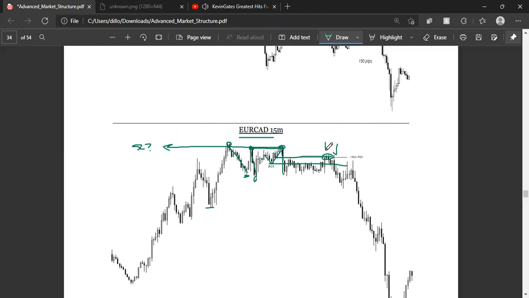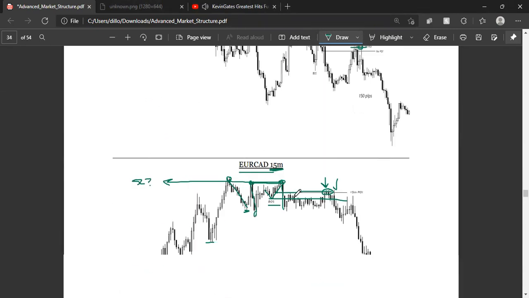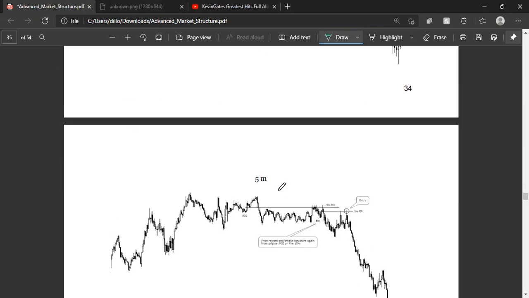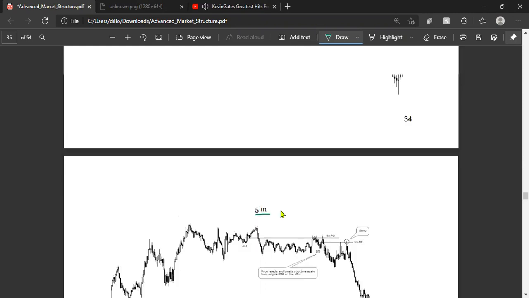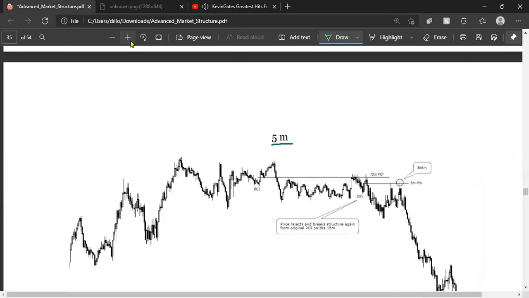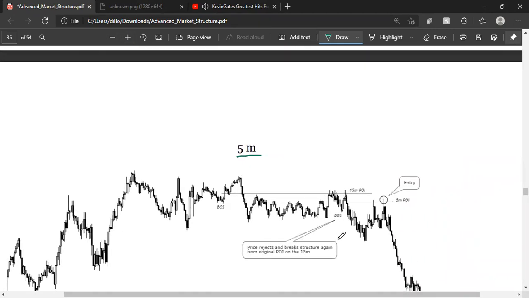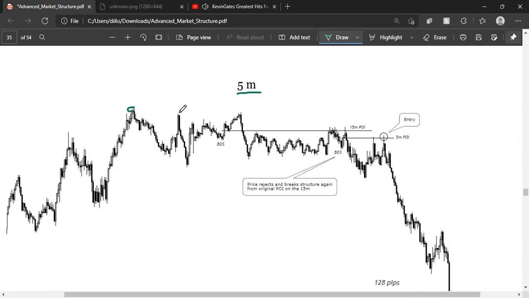So we go down to the lower time frame in this area and we want to see the same thing that we saw on this time frame, a break of structure. We were on the 15-minute and then we drop down to the 5. What do we see here now? Look in this area right here. Here were those rejections, and like I said, if you went to a lower time frame, this would look like a break of structure here.